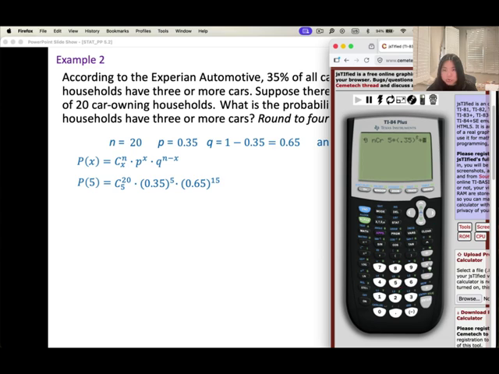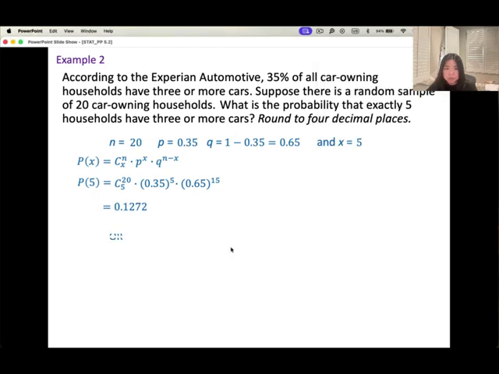And then we're going to times parenthesis 0.65 to the power of 15. Enter. So you're going to get 0.1272, okay, 4 decimal places.